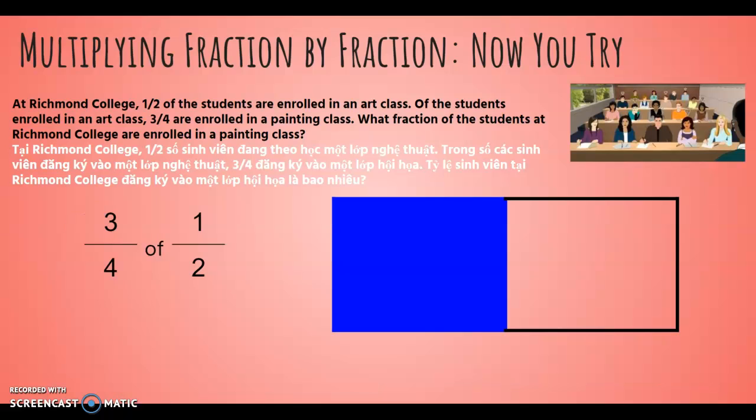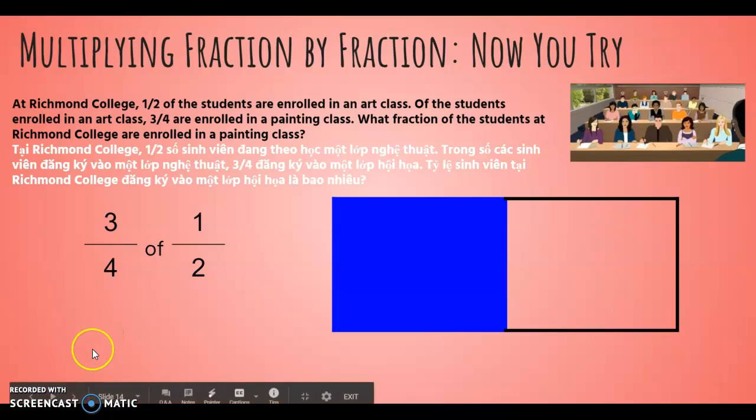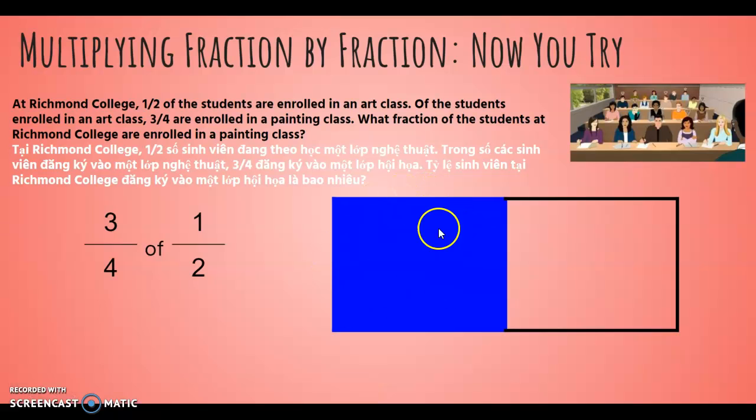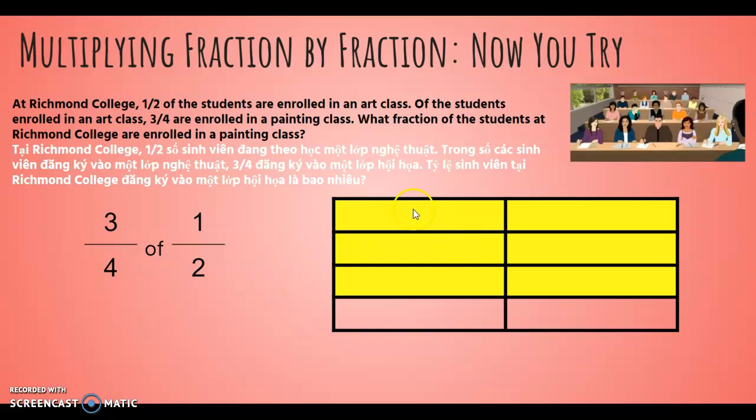Okay, you should have written the expression out because you have 3/4 of the half, which is the same as, remember, 3/4 times half. So we had half the students who are enrolled at Richmond are in art class. And then you have 3/4 of them in a painting class.